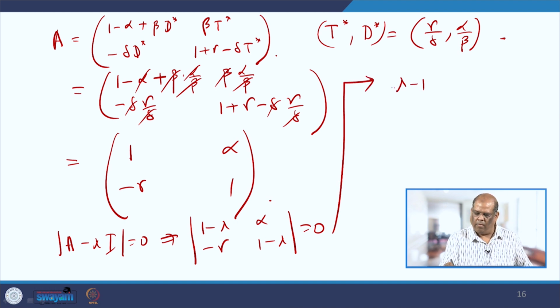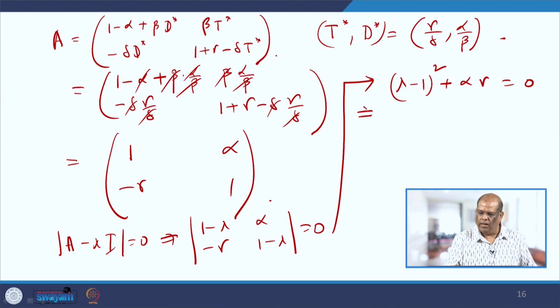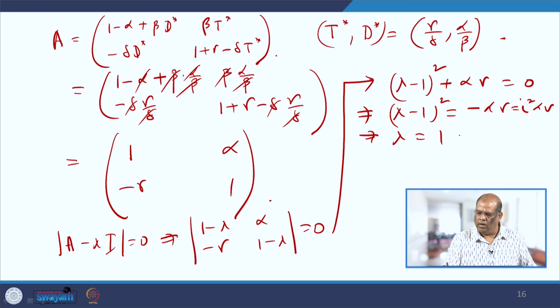This will be lambda minus 1 whole square plus alpha gamma equal to 0. And this gives lambda minus 1 whole square is equal to minus alpha gamma, written as iota alpha gamma, and this gives lambda equal to 1 plus minus i square root of alpha gamma.